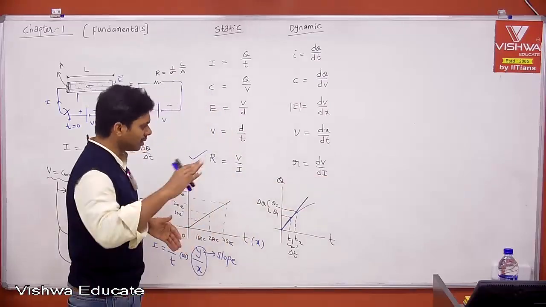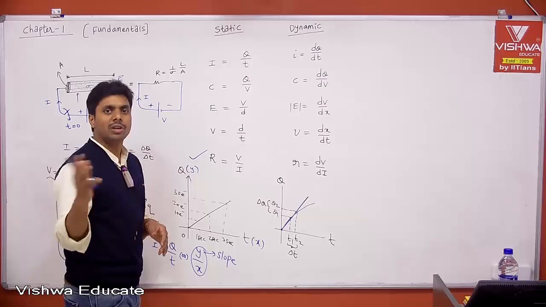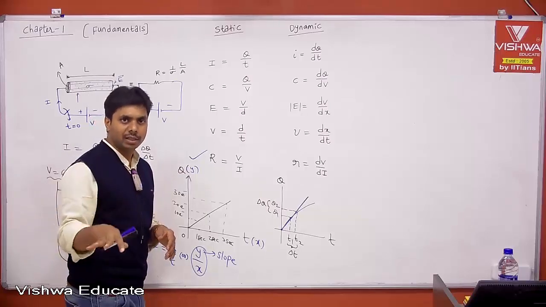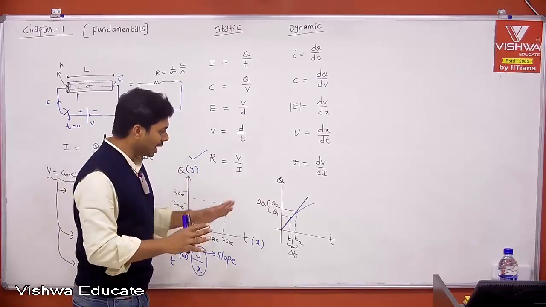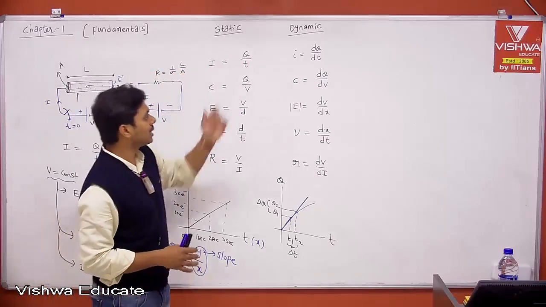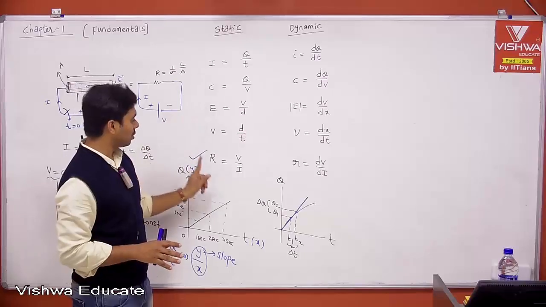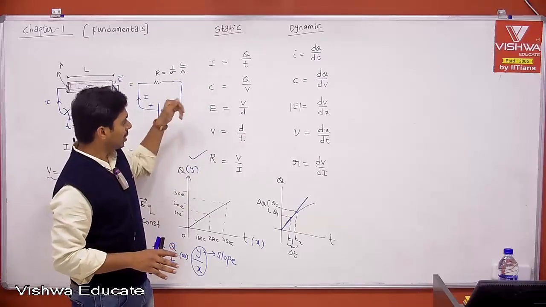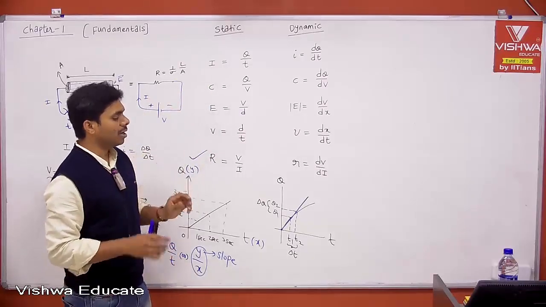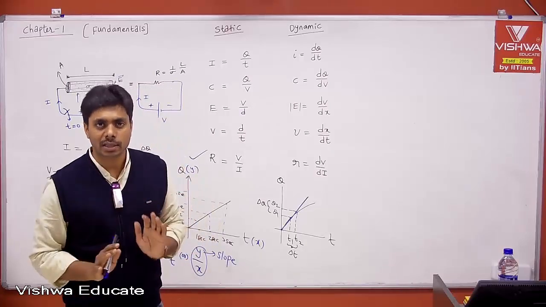You may ask how to make it linear. Those things I will speak about later, when I speak about non-linear systems or non-linear amplifiers. For the time being, I'm just trying to explain when to take the static definition and when to take the dynamic definition. Very simple. Not only current or resistance, you can take capacitance, electric field, velocity, wherever you have a ratio of two variables, when to take it in a dynamic way and when to take it in a static way.